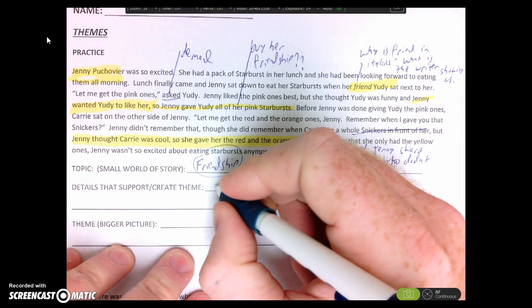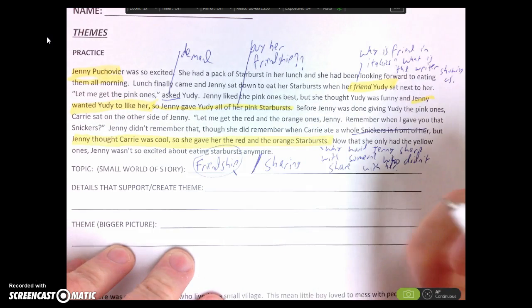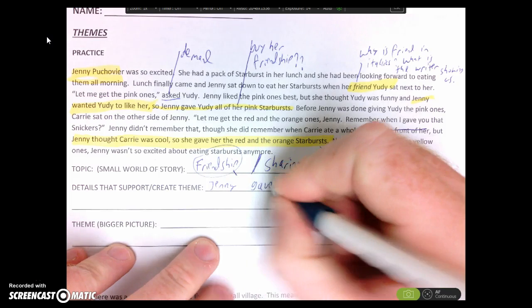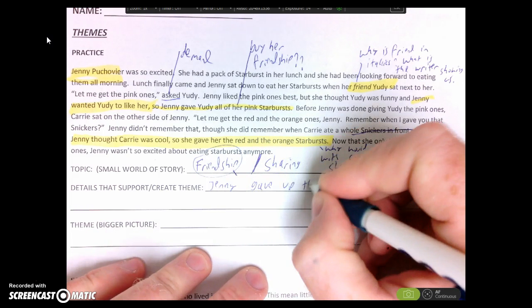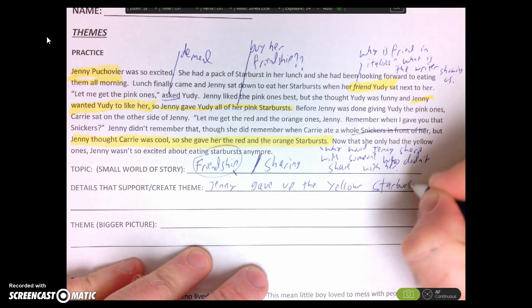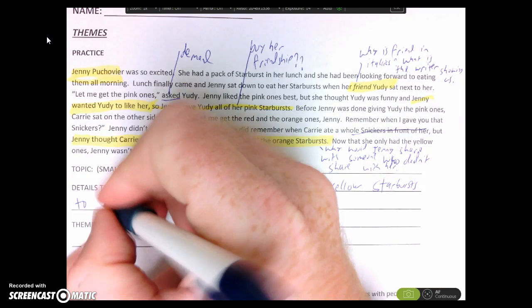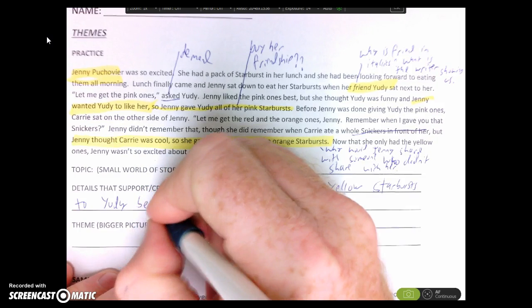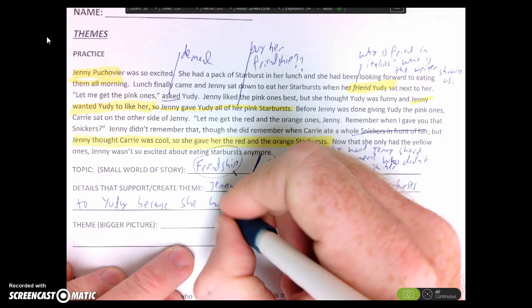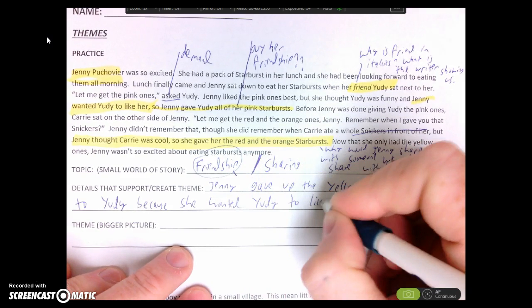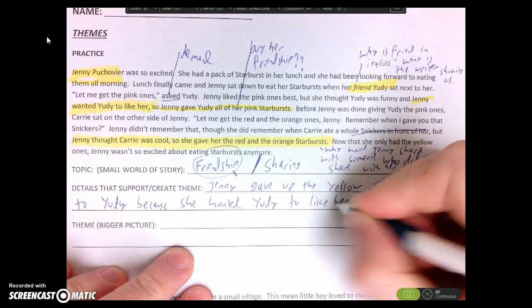All right, I could say that Jenny gave up yellow starburst to Yudi because she wanted Yudi to like her.